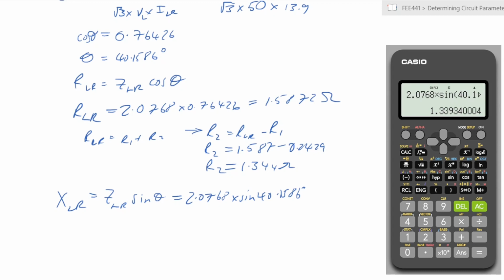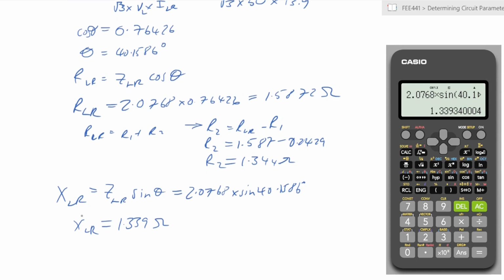And that gives us a value of 1.339 ohms. So we know XLR, and this is the test value of XLR.